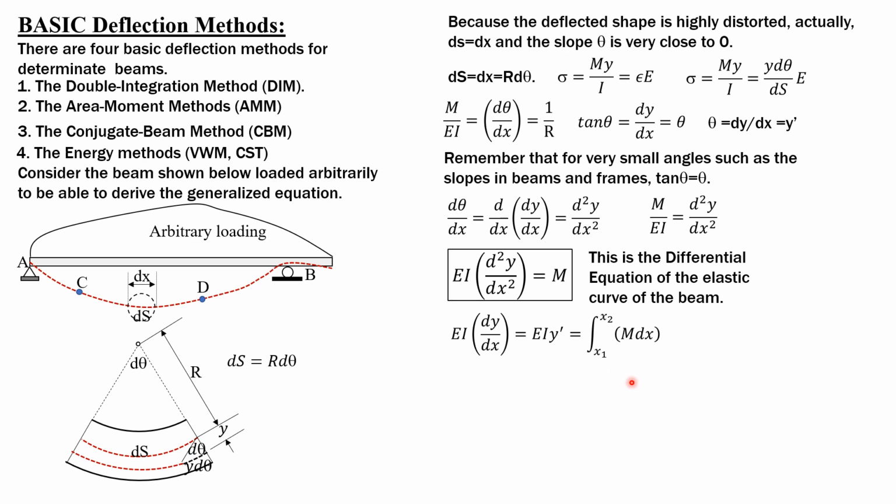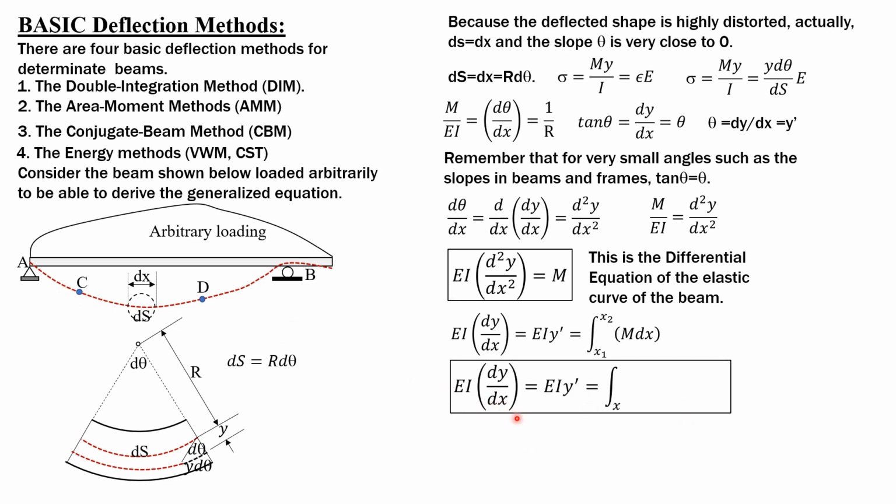Then integrating further, by the way, this represents the slope of the tangent to the curve. Integrating EI dy/dx is equal to EI y prime, or the integral from x1 to x2 of M dx plus c sub 1. Now, c sub 1 is interpreted as the slope of the tangent at the origin. It may be point A as the origin.